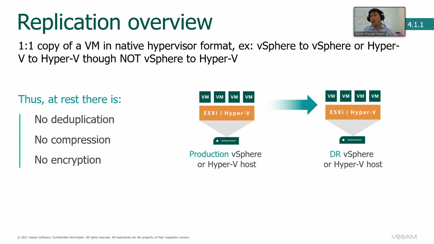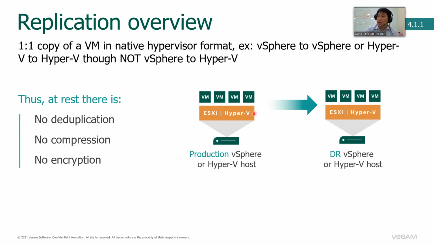So over here, replication is a bit different compared to backup. In backup, after we retrieve the virtual machine data, we do some processing with dedupe and compression, and then send it to the repository to be stored in that format to save space. But replication is a bit different. With replication, we are basically creating one-to-one copies of the virtual machine in native hypervisor format.